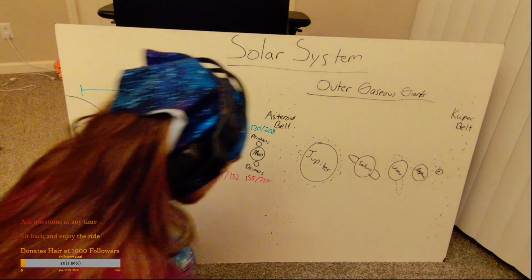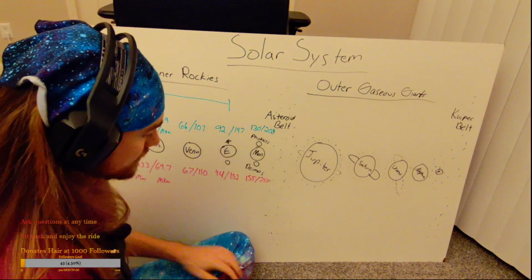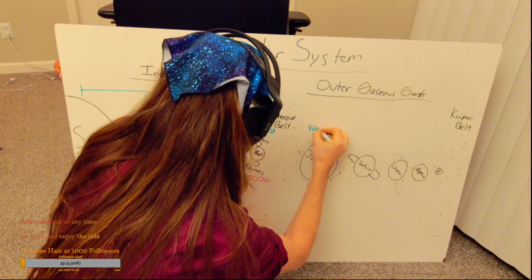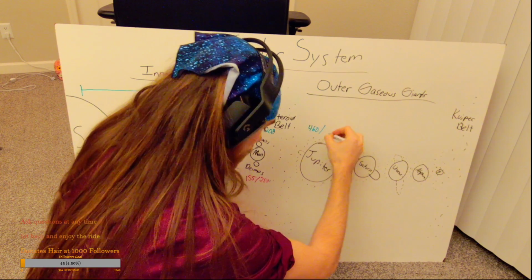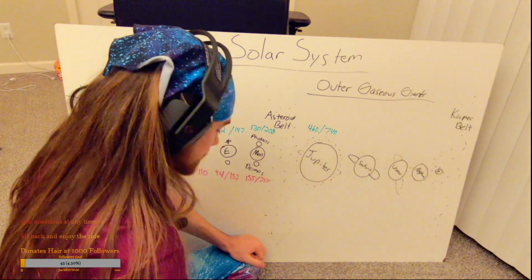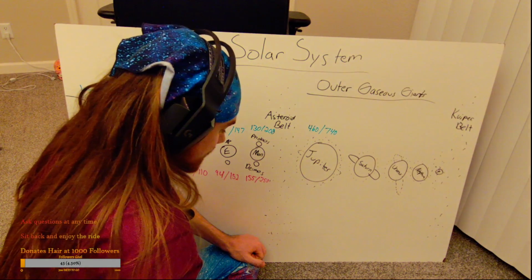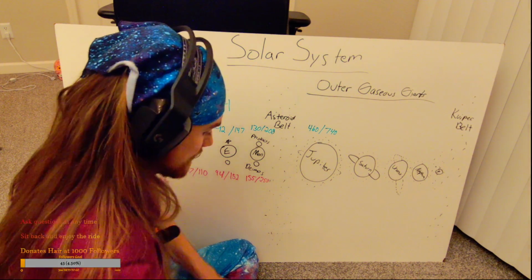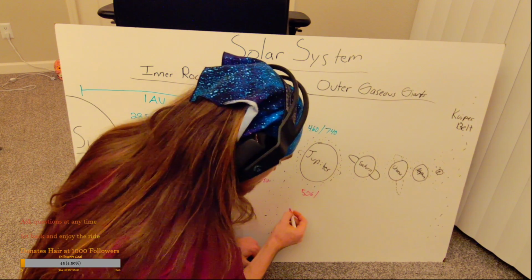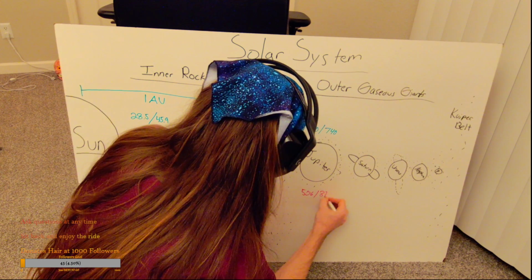We have a pretty big gap between Mars and Jupiter because Jupiter at its closest is 460 million miles away, or if you prefer, 740 million kilometers. And at its furthest, just keep the cap off. 506 and 816.